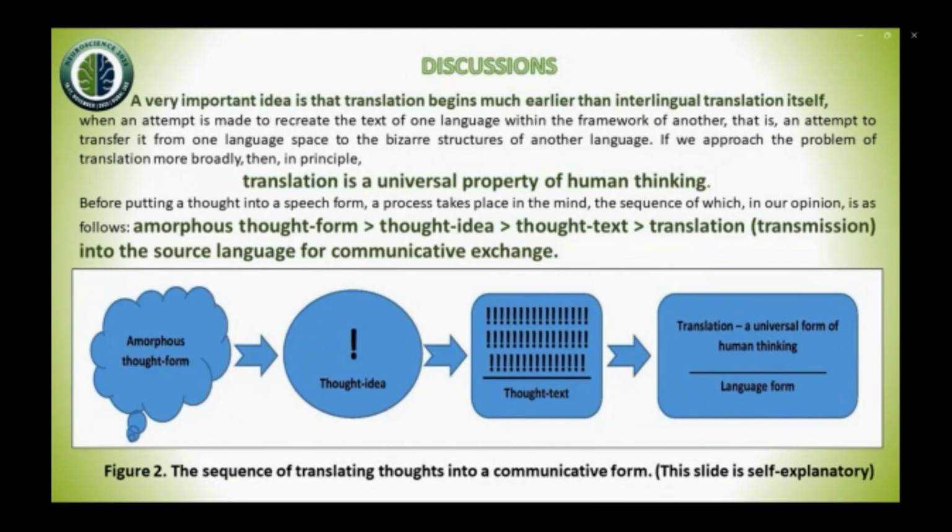If we approach the problem of translation more broadly, then, in principle, translation is a universal property of human thinking. Before putting a thought into a speech form, a process takes place in the mind, the sequence of which, in our opinion, is as follows. Amorphous thought form, next is thought idea, next is thought text, and the last one is translation, transmission into the source language for communicative exchange.